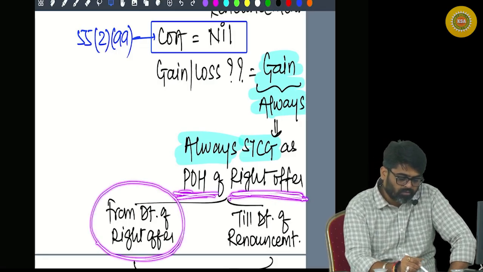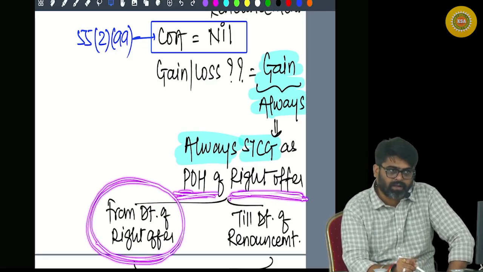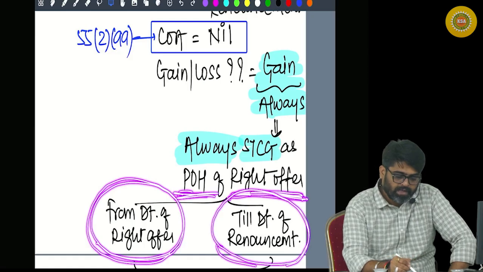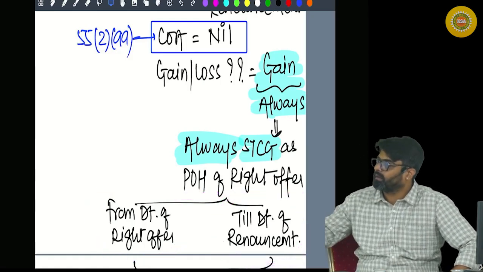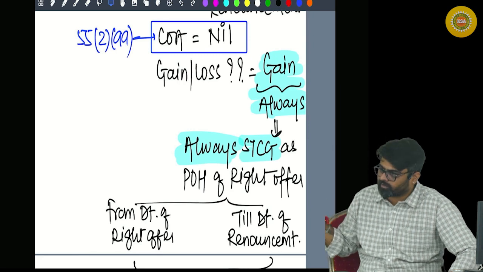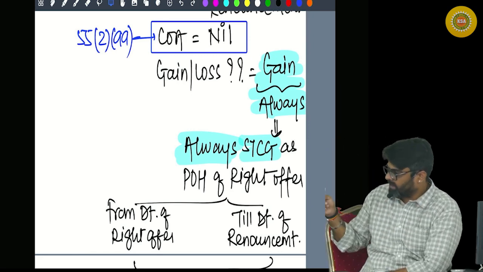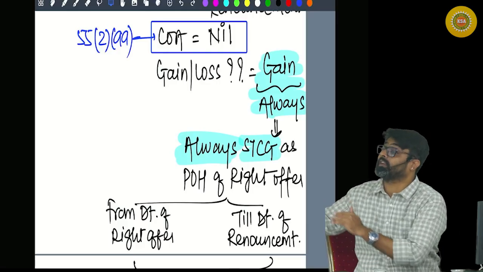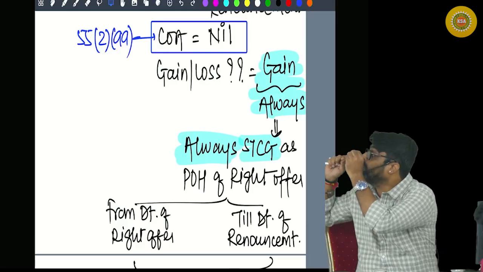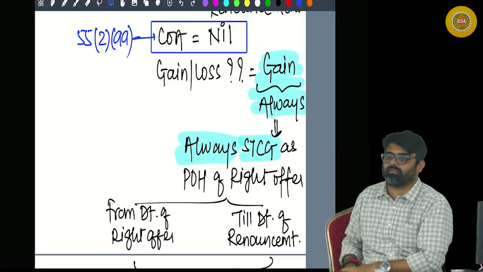Date of right offer by the company till the date of renouncement. How many months will you check? 12 months for 4 assets? No. 24 months for 2 assets? No. All other assets, 36 months. Always less than 36 months.